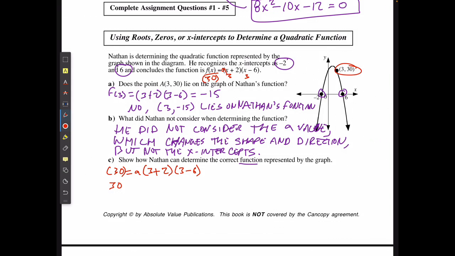Or 30 is going to equal a times, we already multiplied this out, -15. A would equal 30 over -15, which is going to be -2. And now that I know the a value, I can write the proper function. The proper function for this would be f of x, or y, is equal to -2 bracket x plus 2 and x minus 6.